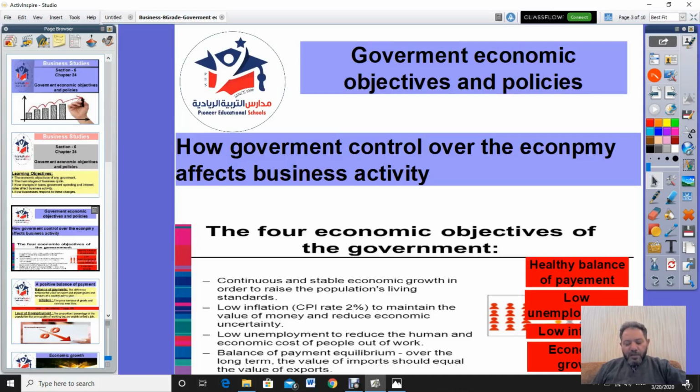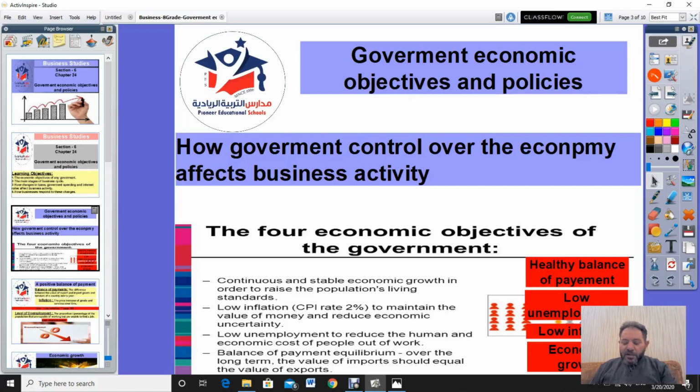The balance of payments is the difference between the value of the exports and imports of goods and services of a country over a year. Okay?